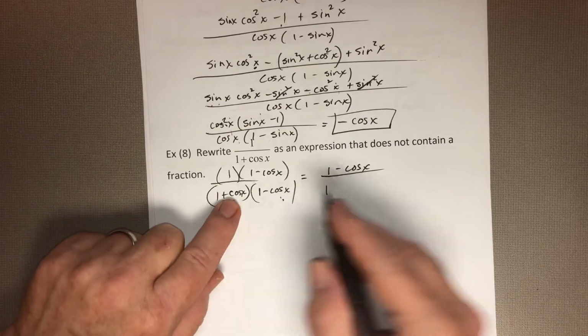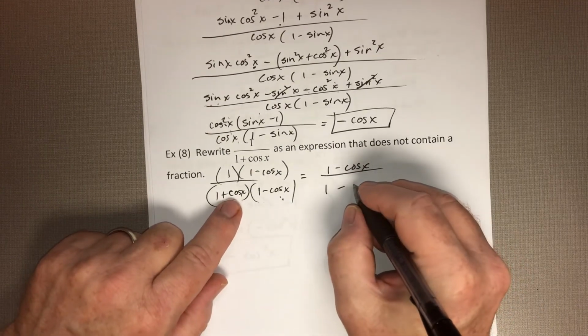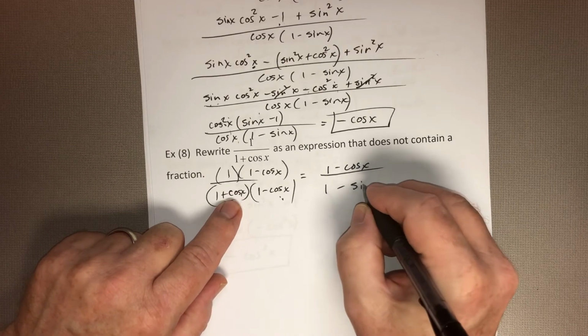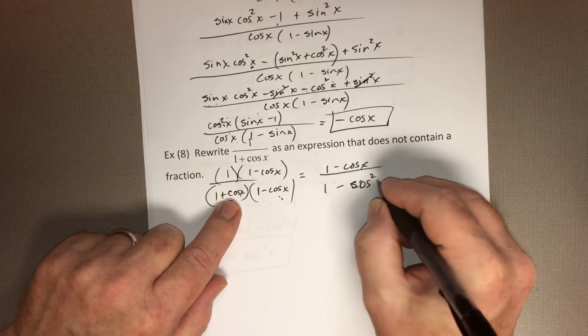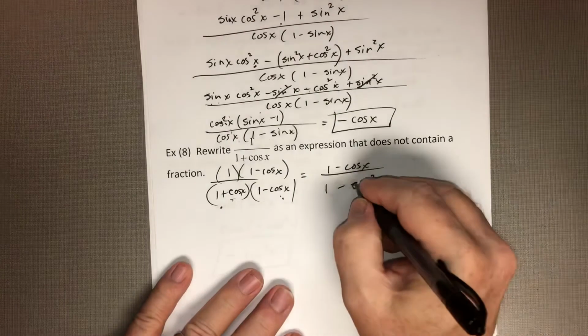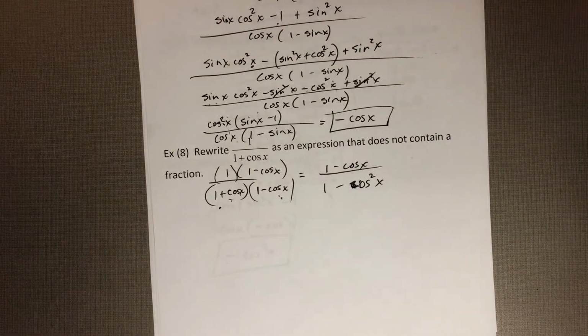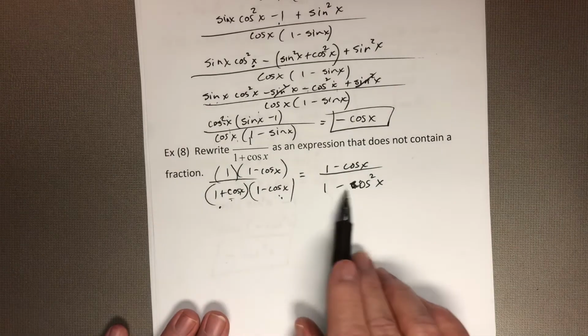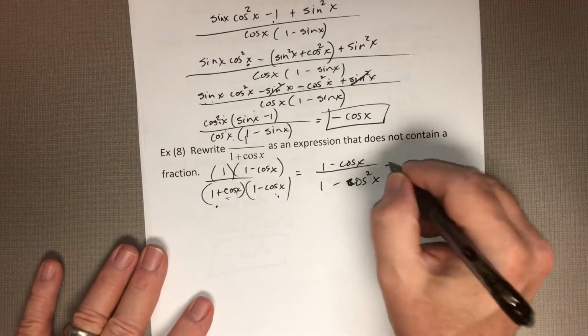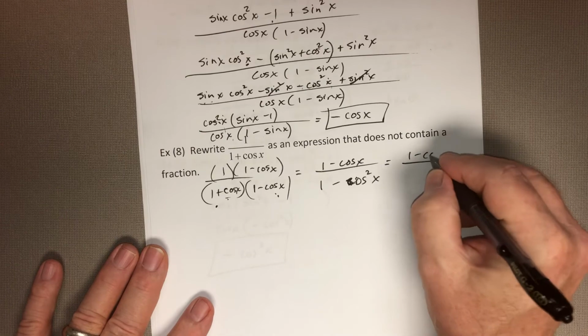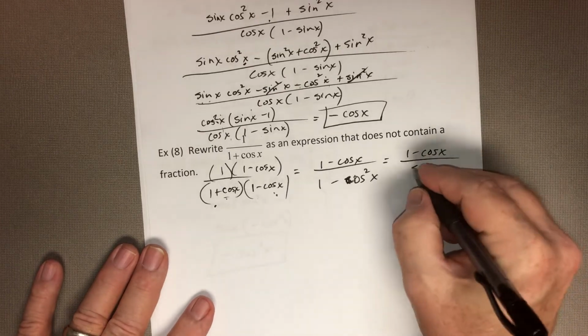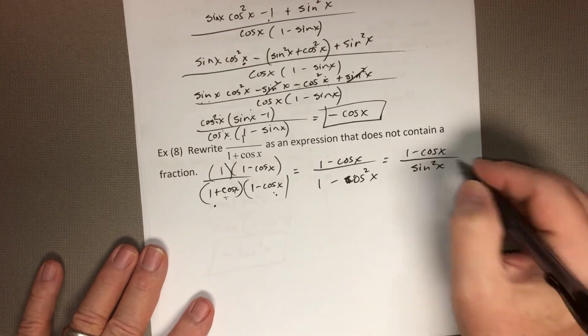And the product of the last terms is negative cosine squared of x. Now I notice that I've got 1 minus the cosine squared of x. Well, I immediately know that that is equal to the sine squared of x.